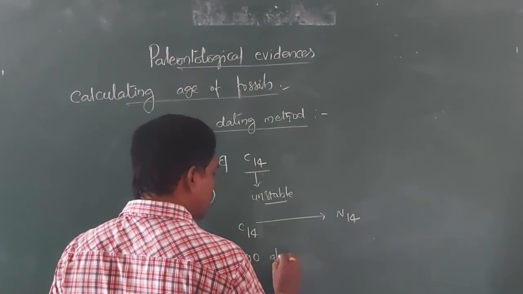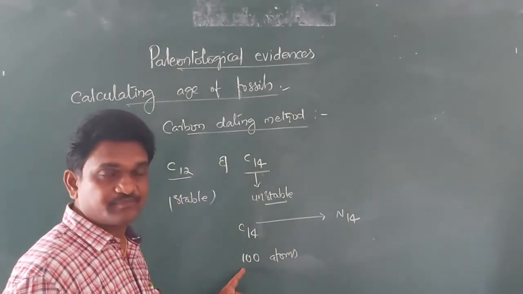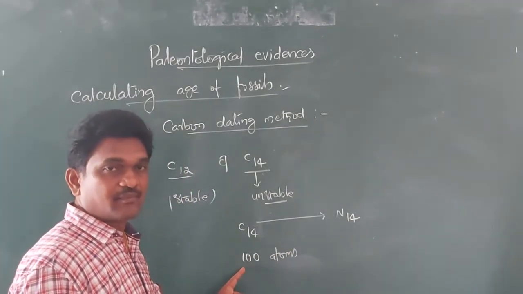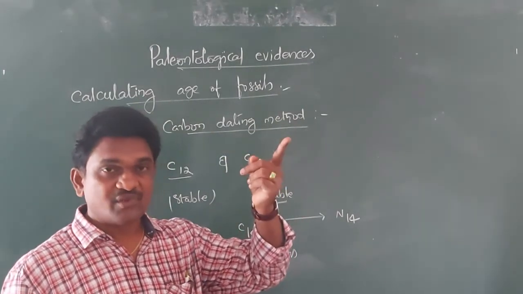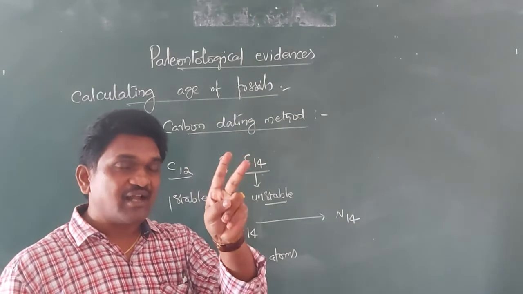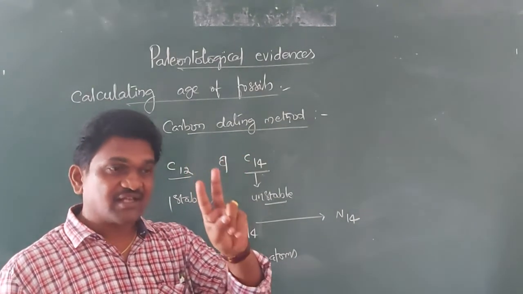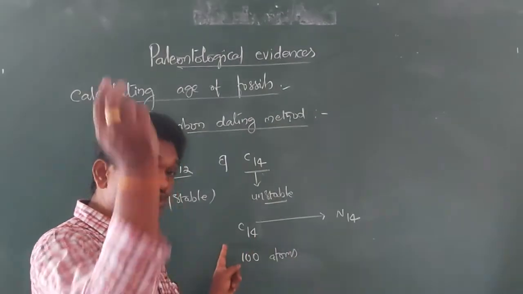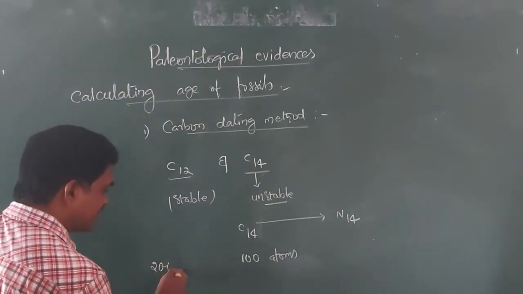100 atoms of C14 are present in the dead organism. Originally, when that organism was alive, it had 200 atoms of carbon 14.